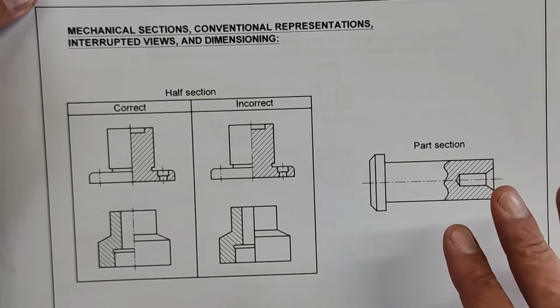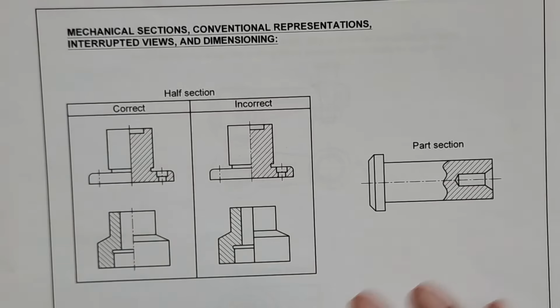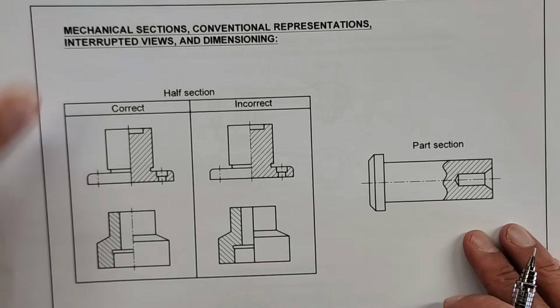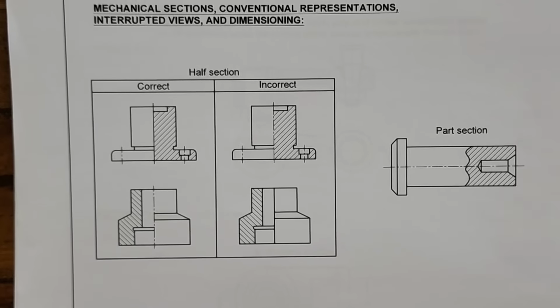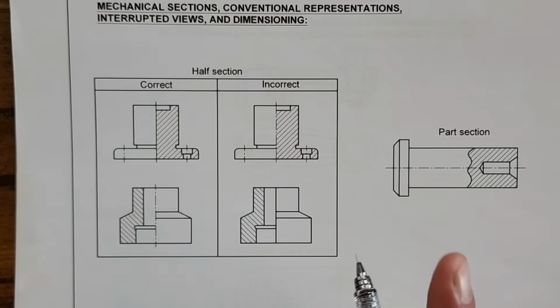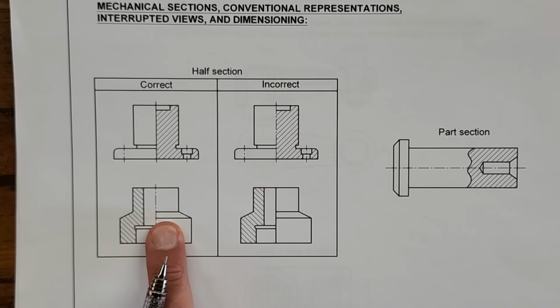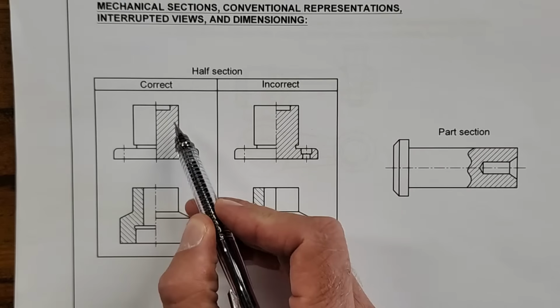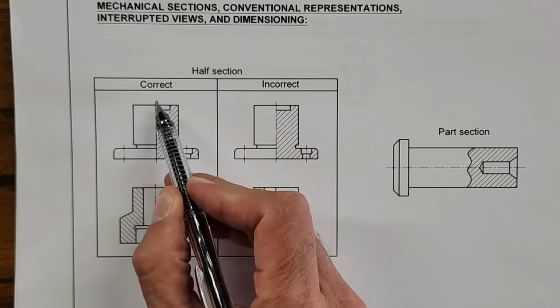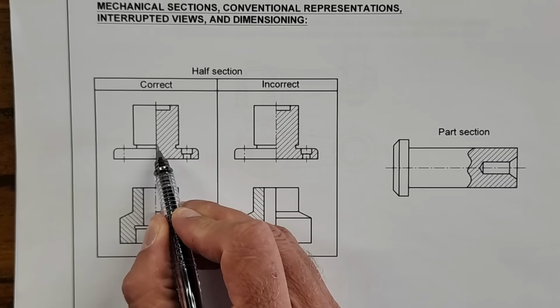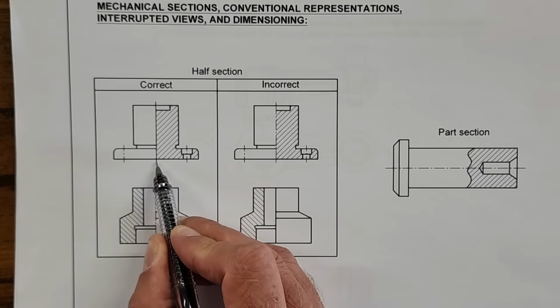Now we're going to start off here with different interrupted views when we have a cutting plane. So the first one that we look at here is a half section. On the left hand side is the correct representation, on the right hand side the incorrect. Please take note here that when the hatching lines come all the way to the center line, then we have a solid line that needs to be drawn.